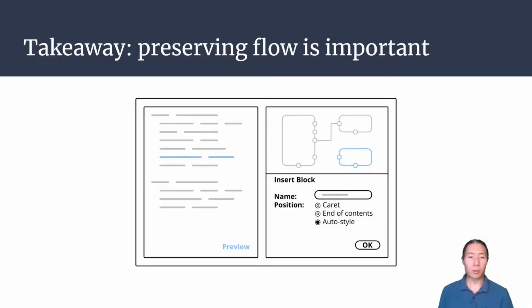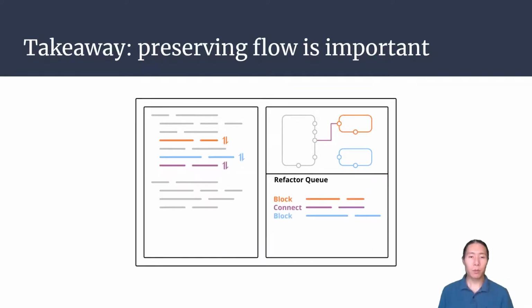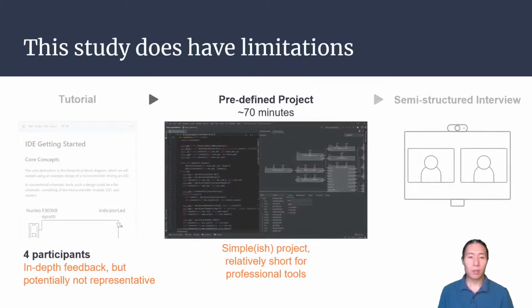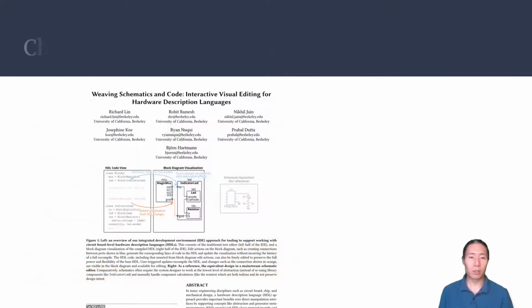Alternative ideas include smarter automatic placement that understands stylistic factors, or refactoring tools that can split the reorganization into a separate phase. All that being said, do keep in mind that this was a relatively simple, small, and short study, especially in the context of professional design tools that take much longer to learn.